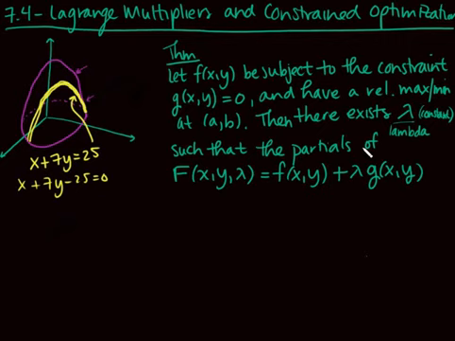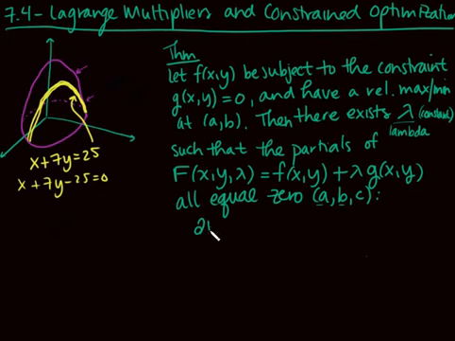So there exists a lambda such that the partials of this function right here all equal 0 at some point a, b, c, where this a and this b again is where this function has a relative max or min.